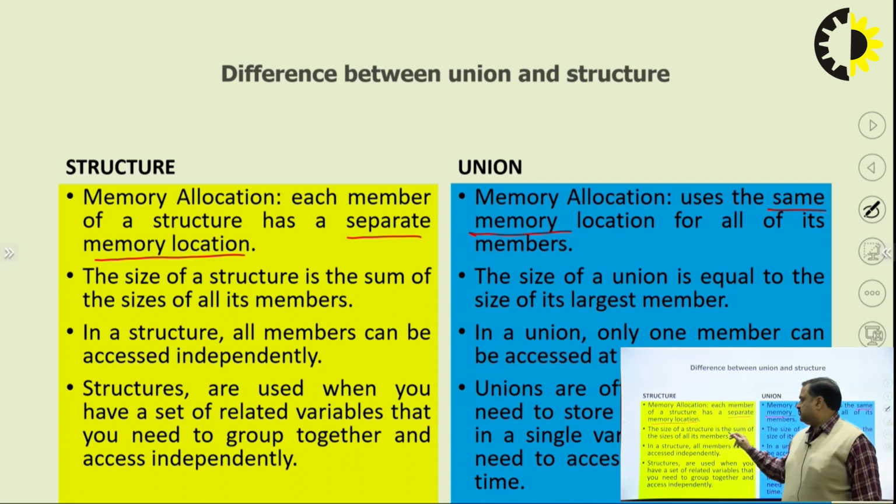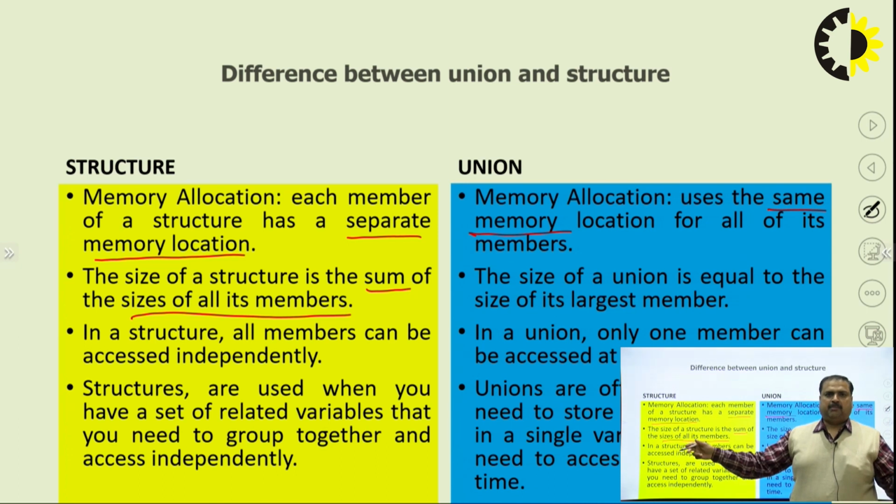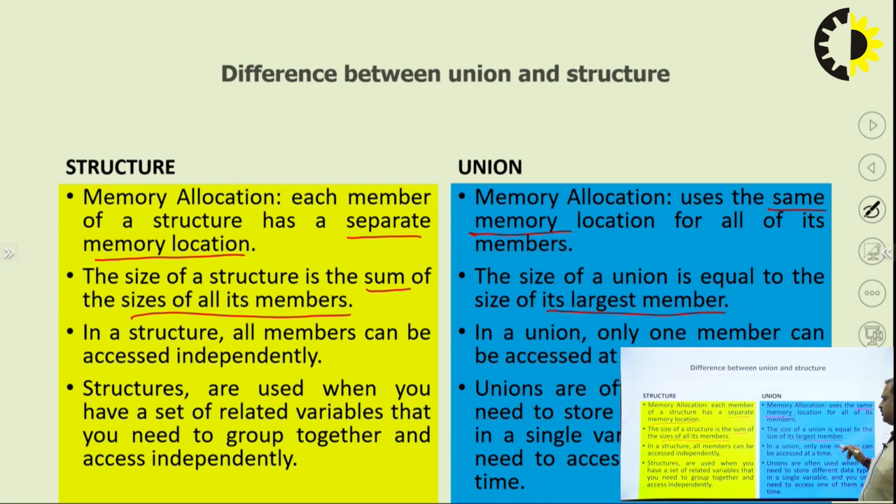The size of a structure is the sum of the sizes of all its members, because every member needs independent memory storage. But in case of union, the size is given only for the largest member. The size will be equivalent to the largest member, and the rest, which require less memory space, can adjust in that size. So everybody will be adjusted in the same memory location, only one at a time.